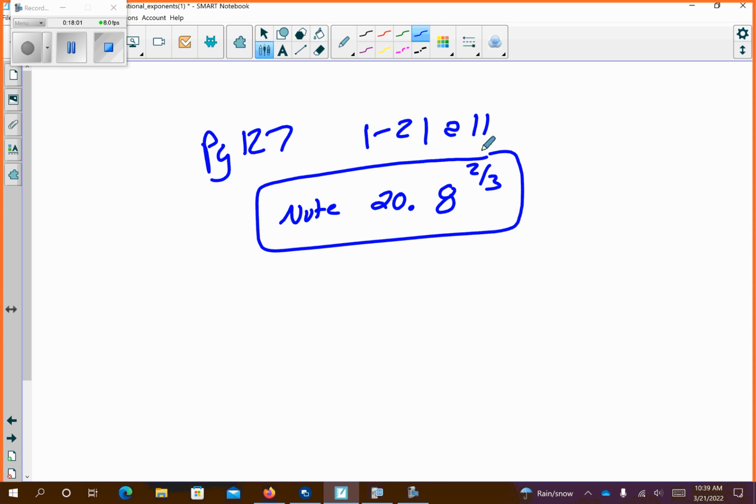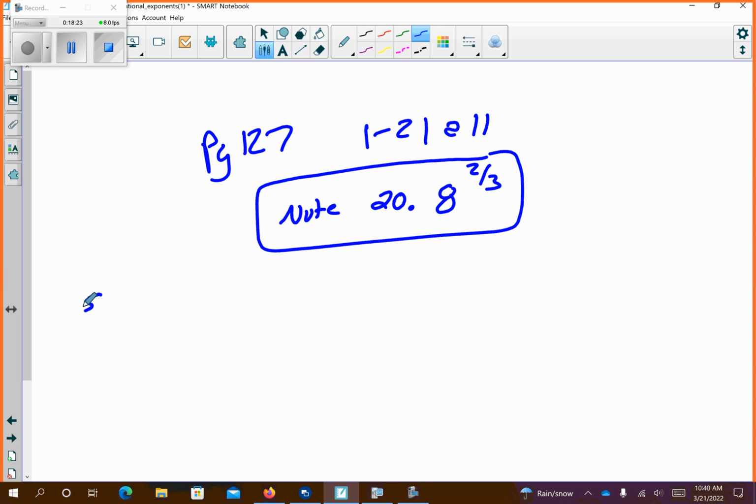So they want you to rewrite each as a radical, like we had just done. Classify as an integer, a rational number, an irrational number, or a non-real number. So a non-real number is going to be the square root of a negative number. You can have a cube root of a negative number.